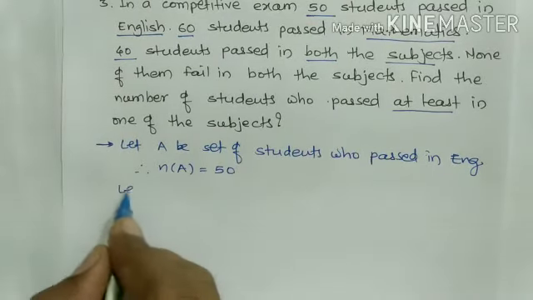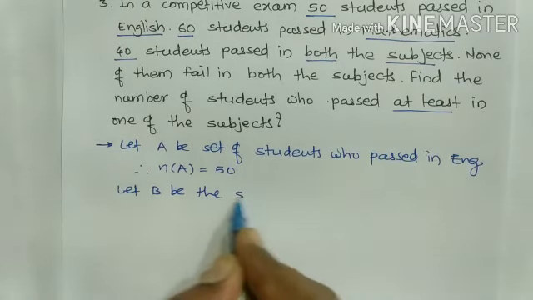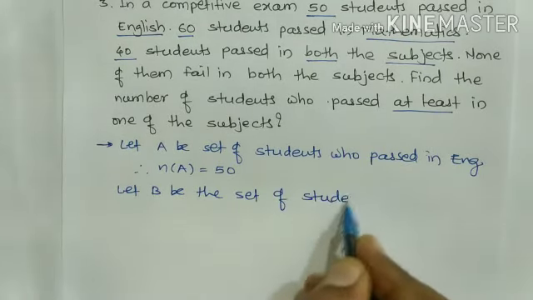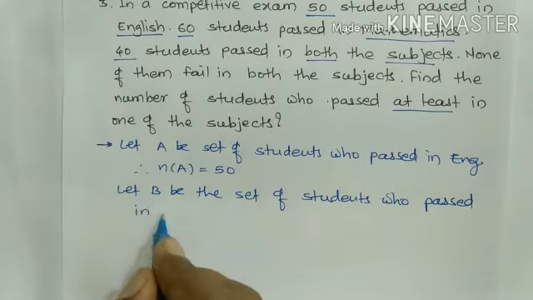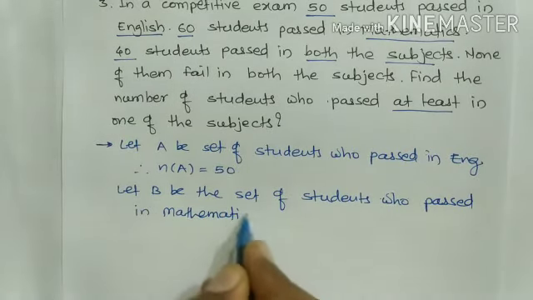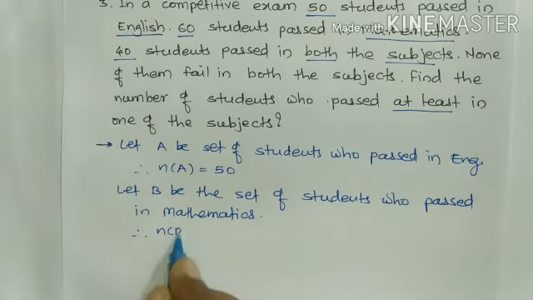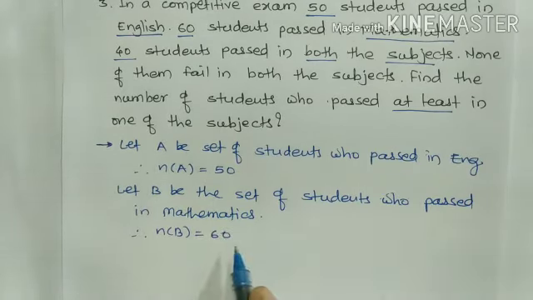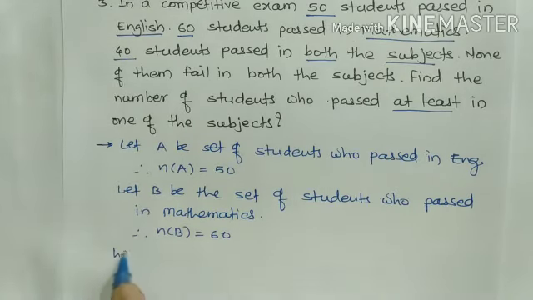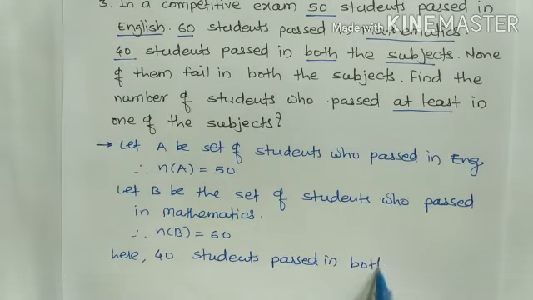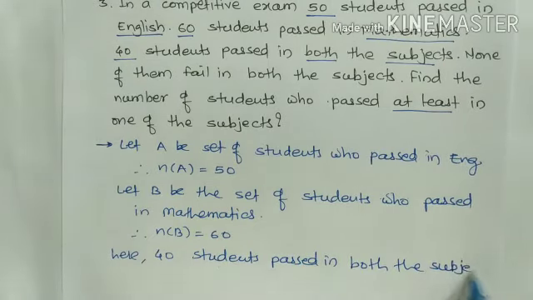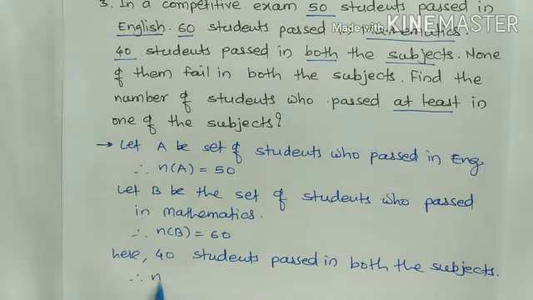Then let B be the set of students who passed in mathematics, and therefore number of B equals 60, it is given that 60 students passed in mathematics, and 40 students passed in both the subjects, and therefore number of A intersection B equals 40.